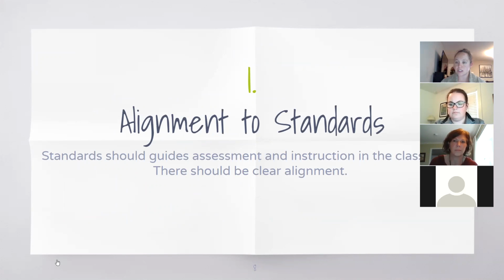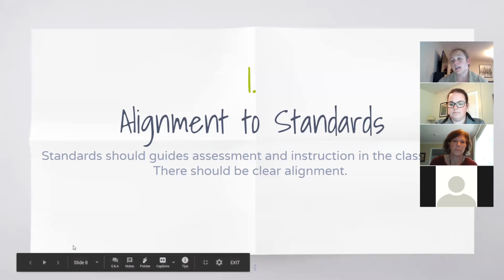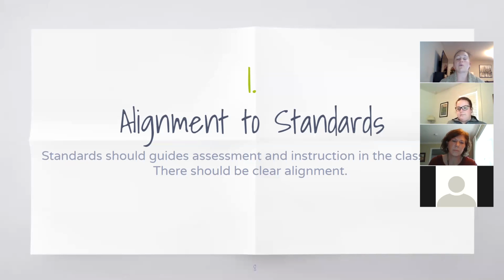We don't want those gotcha situations for our students. And so as we think about mastery and just learning in general, we want very clear expectations for our students. And we want those standards to guide that work.